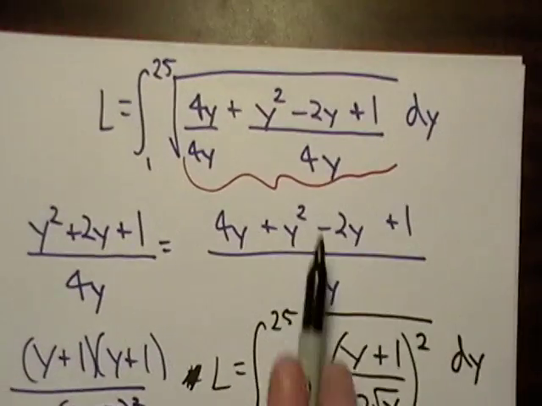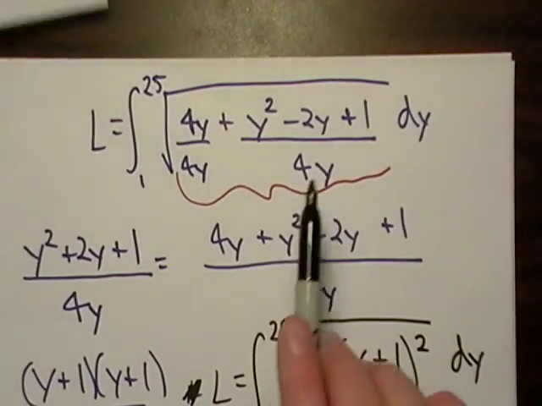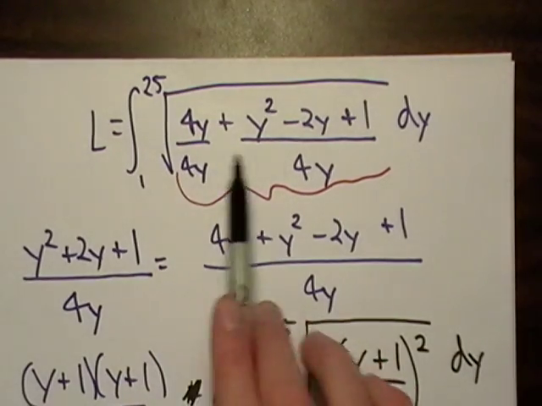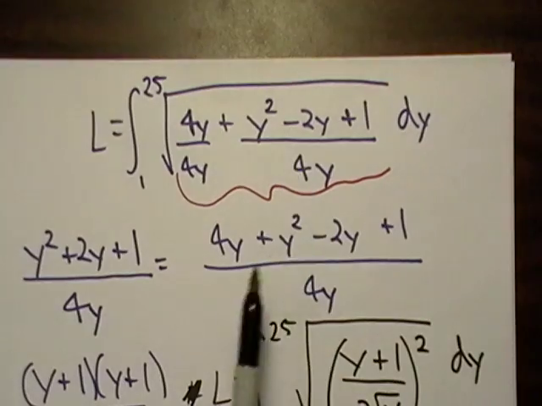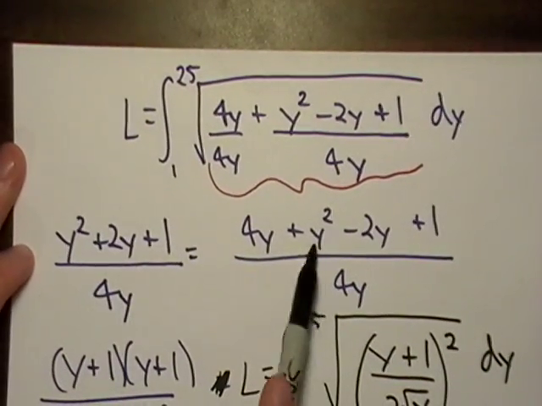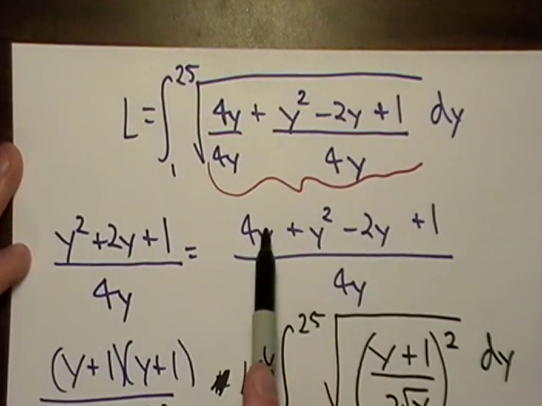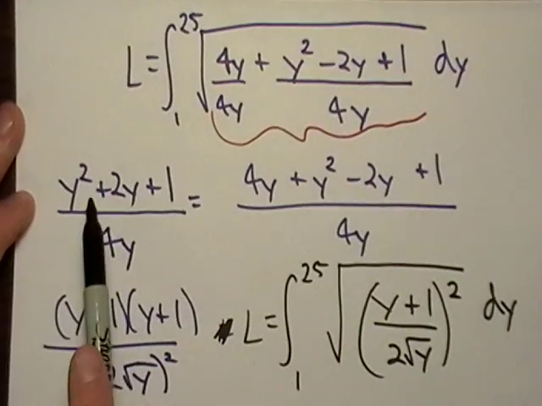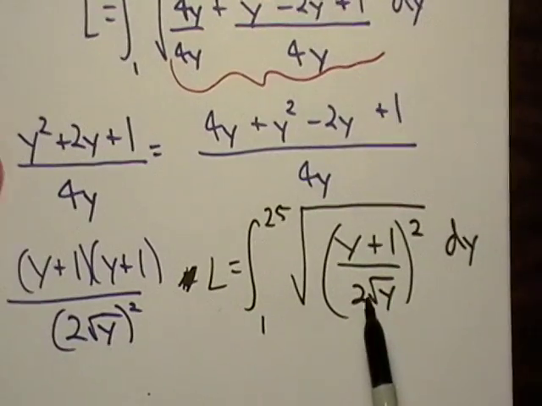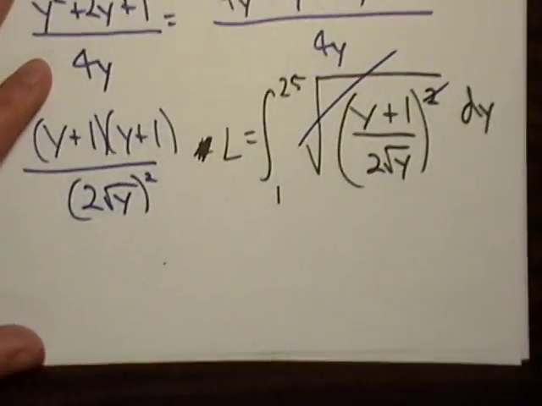I expanded that and ended up with this polynomial. The trick was I wanted to throw this 1 in here somehow, so I got the common denominator in the process. Then I turned it into this because I had the like terms, the two y's. And then fortunately I was able to factor this out and get a square. So now the radical and the square cancel each other out.